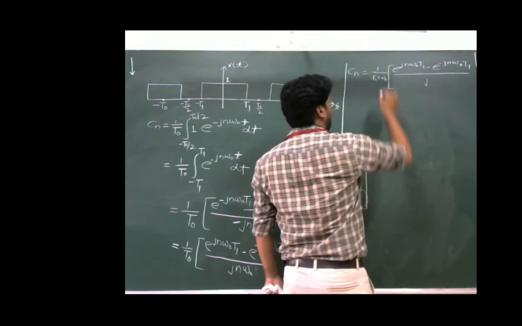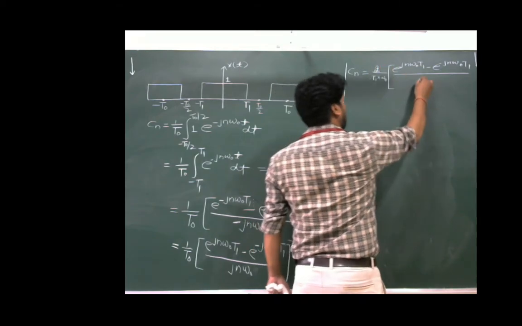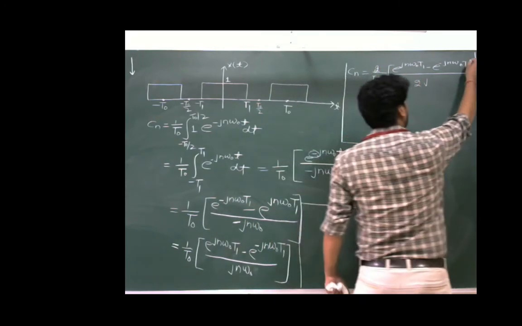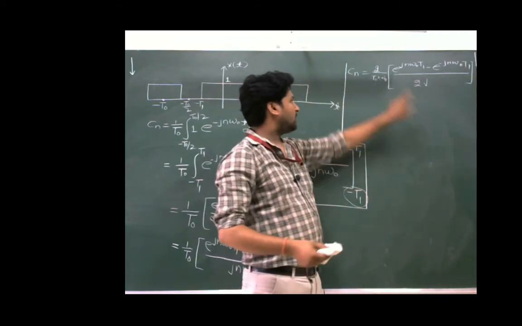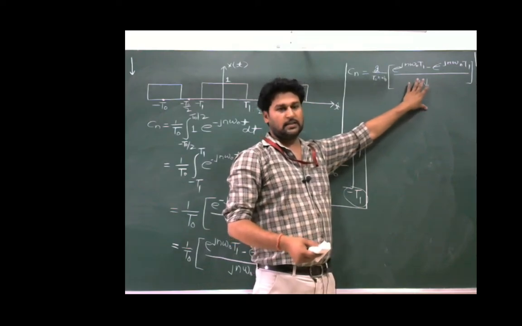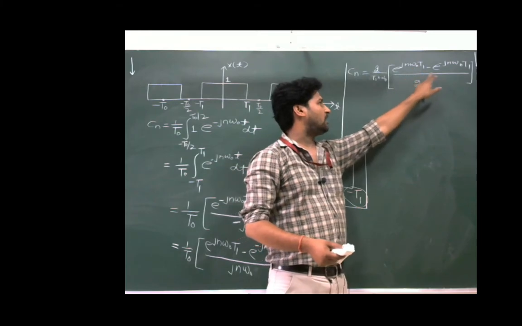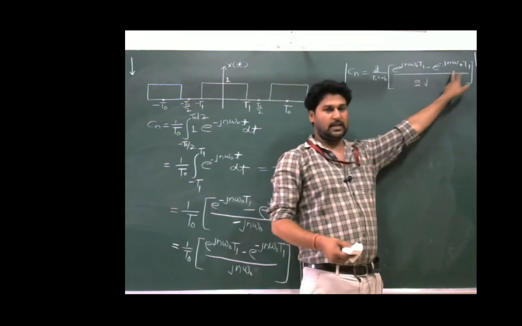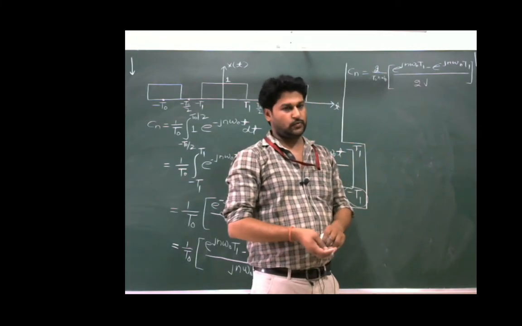If we multiply and divide by 2, multiply with 2 and divide by 2 in this relation, it will become e power plus j n omega naught t1 minus e power minus j n omega naught t1 divided by 2j.